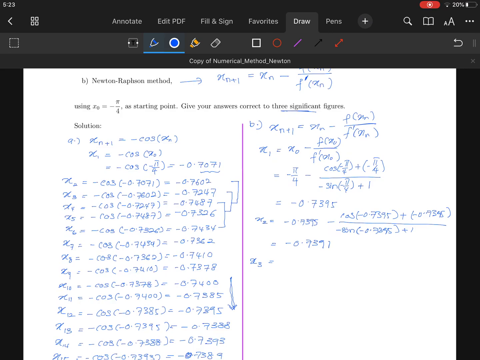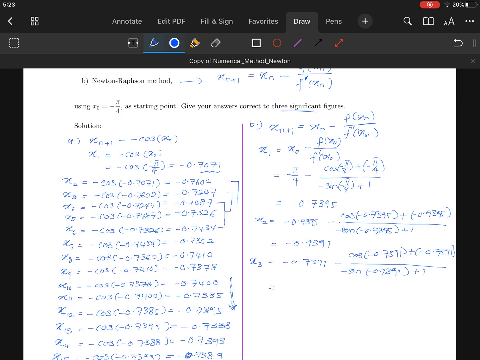So let's try to do one more. Using 0.7391, minus cos of negative 0.7391 plus negative 0.7391, over negative sin of negative 0.7391 plus 1.